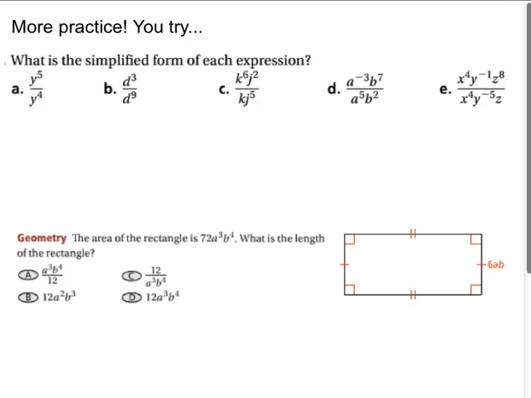So y to the 5 divided by y to the 4. Again, 5 minus 4 leaves me with just a y to the 1, but you don't need to show the 1, okay? You can just leave it as y. D to the 3 divided by d to the 9.